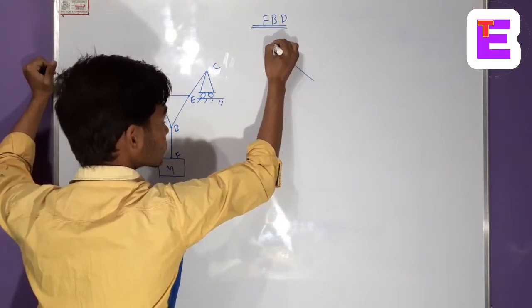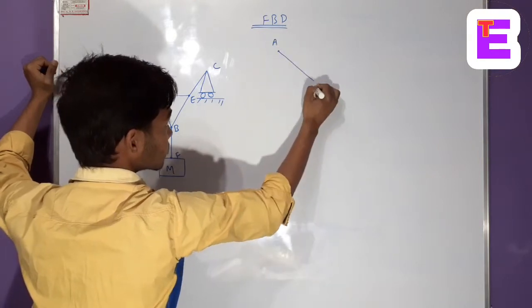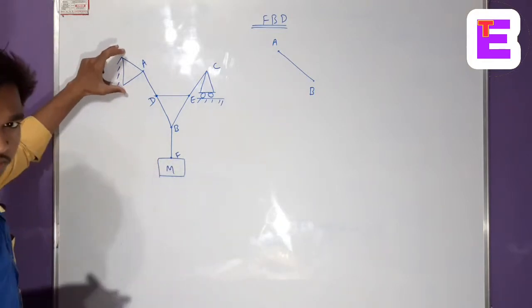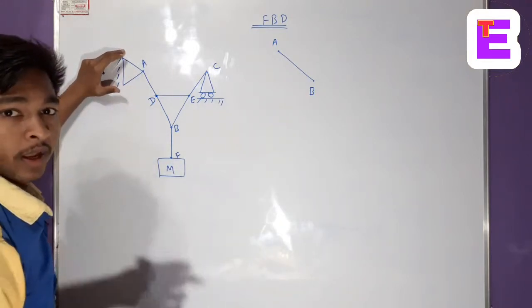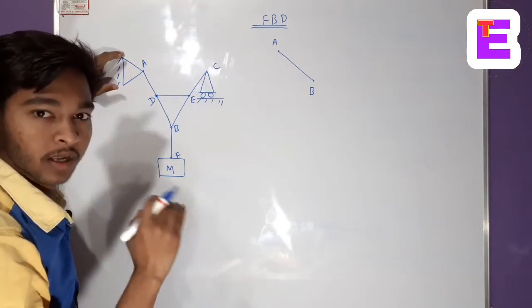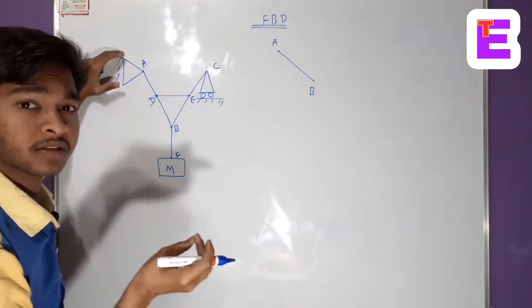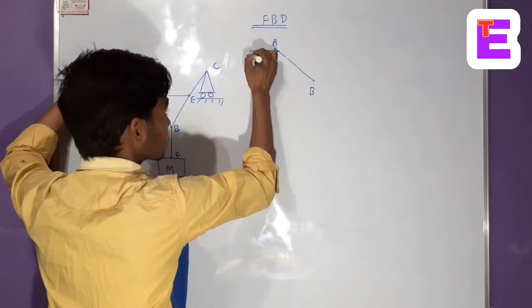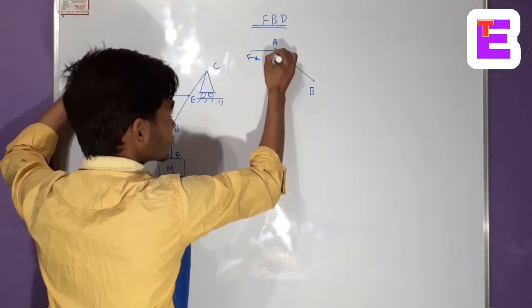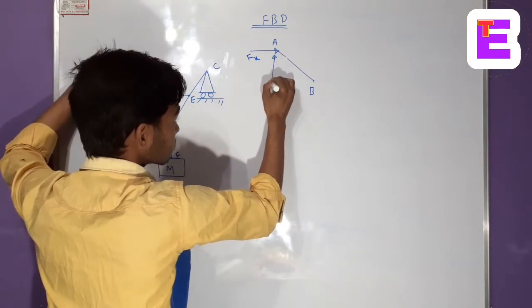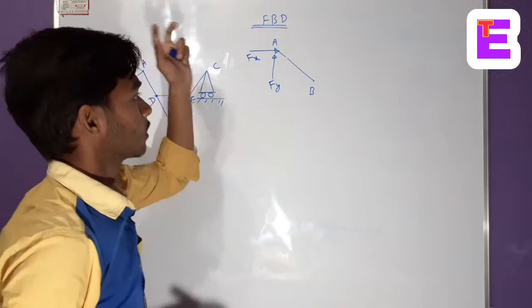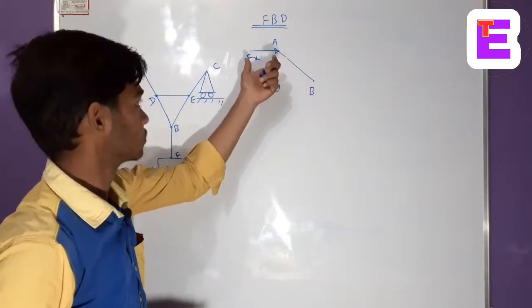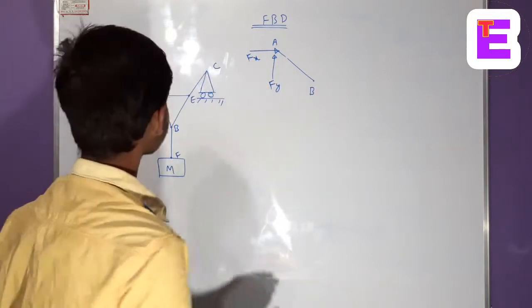Say this is A, this is B. This is a hinge support, so it will only allow the rotation and oppose the movement in the x direction as well as the y direction. So it will apply some force in x as well as the force in the y direction, and there will not be any type of moment because it is allowing the rotation.